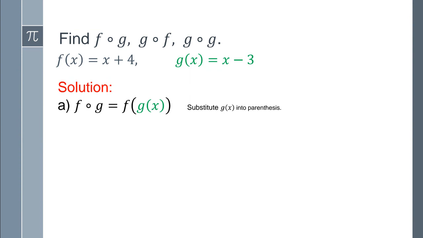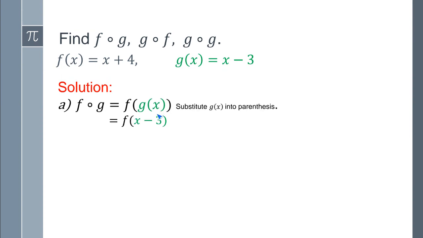I like to rewrite the composite in this format: f of g of x, because this tells me that I'm going to put g of x into function f. Function g is x minus 3, and everywhere I see x in x plus 4, I'm going to plug in x minus 3.